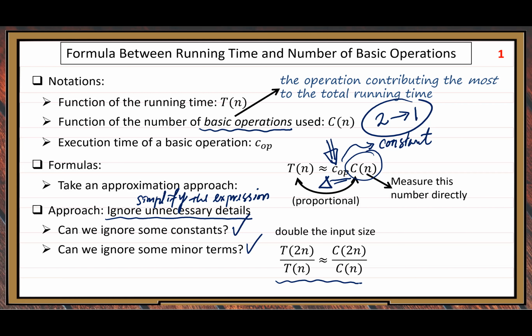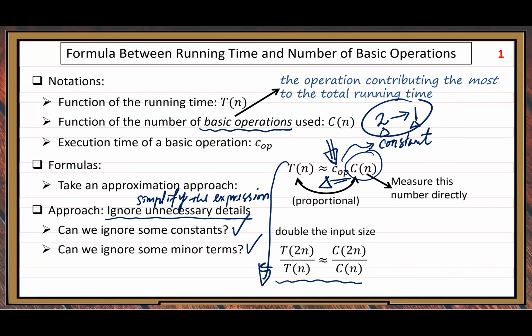The good thing is if we apply our approximation formula here, you can see that little C-op is canceled out. No matter whether it is 2, 1, 3, or 10, the numerator and the denominator both have the same C-op, and it is canceled out.